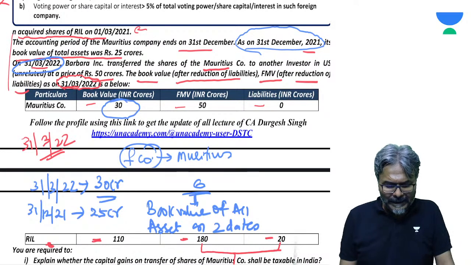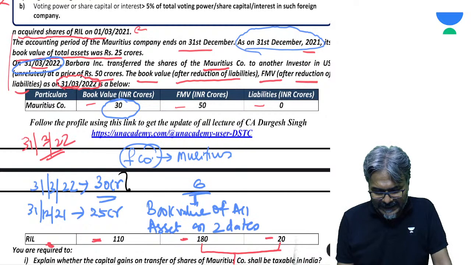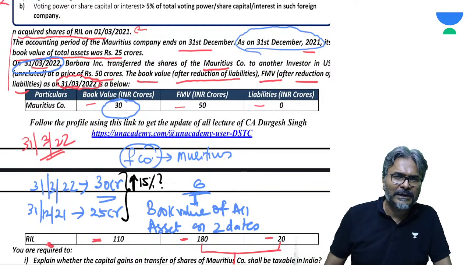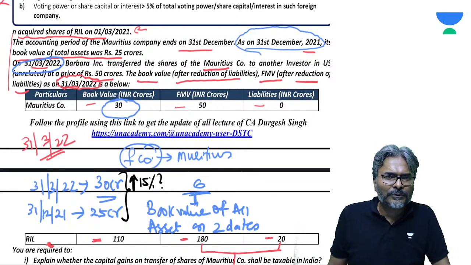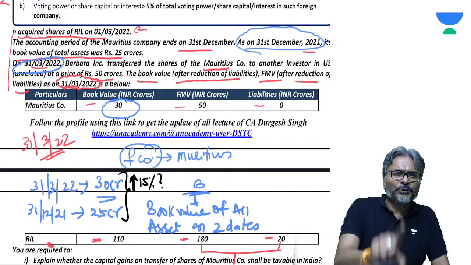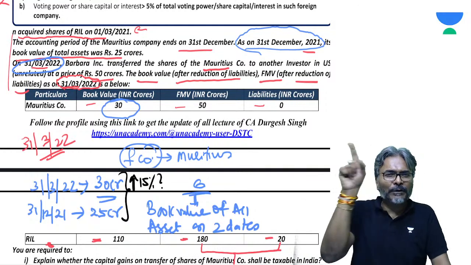So now you tell me, between these two dates, students, is there an increase by more than 15%? Answer is yes. 5 crores divided by 25 crores. You can see that the jump is more than 15%. And because the jump is more than 15%, you will go with the data relevant on the date of transfer.